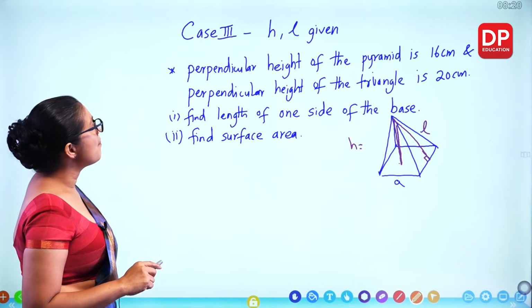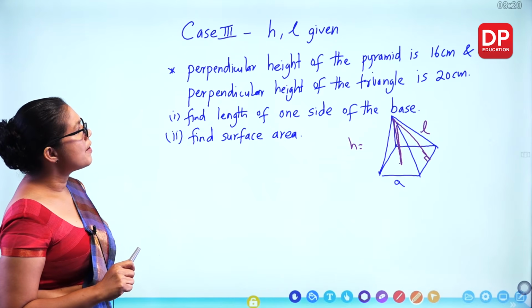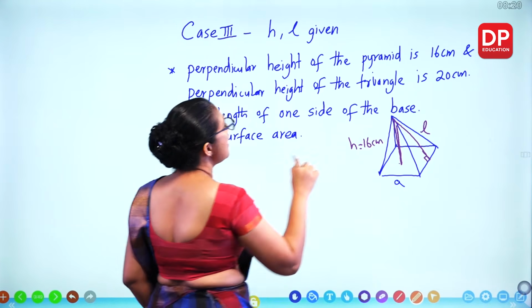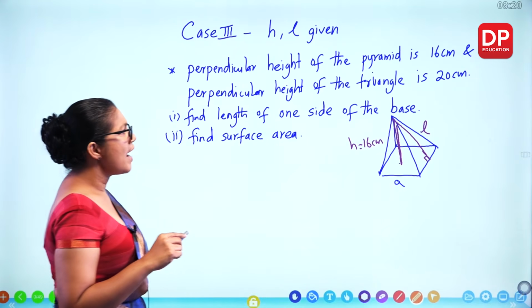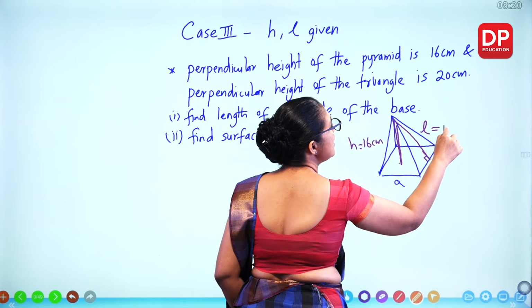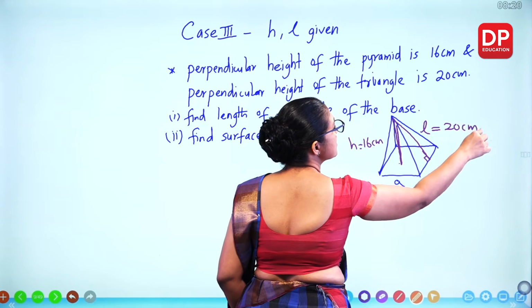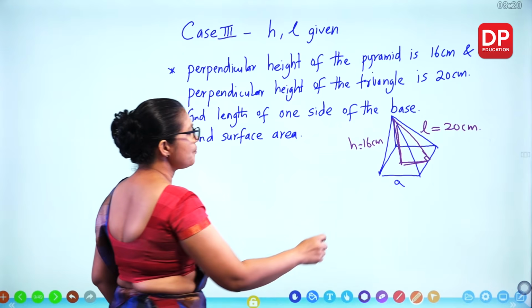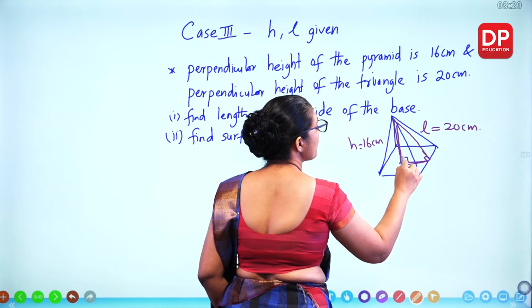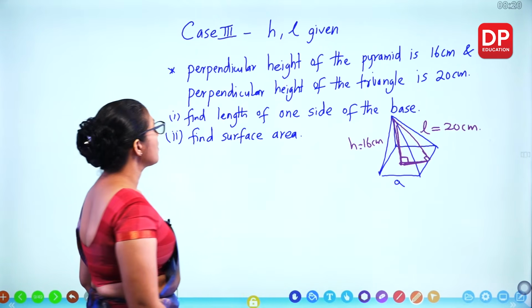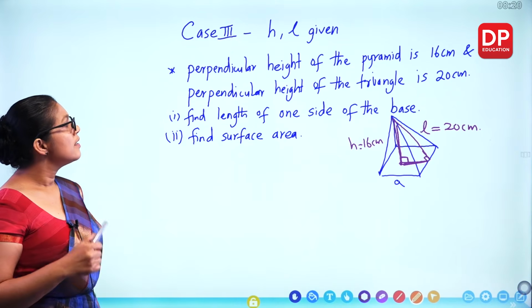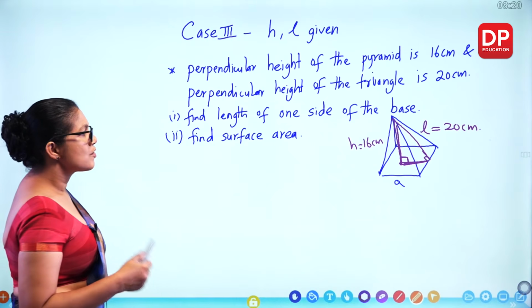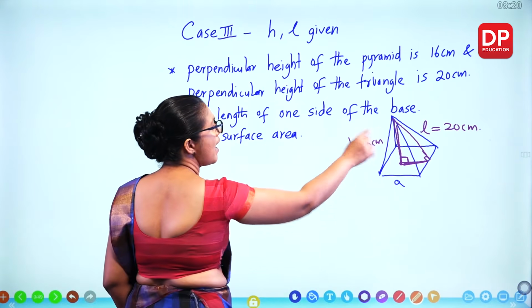So in this example, perpendicular height of the pyramid is 16. So H is 16 given and perpendicular height of the triangle is 20. So L is 20 centimeters. Now you are asked to find out the length of the base or one side of the base. So here you can look at the triangle there.